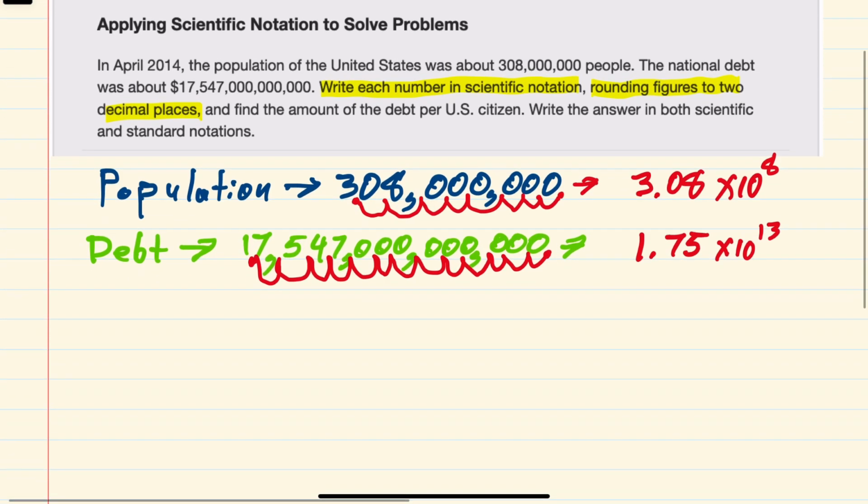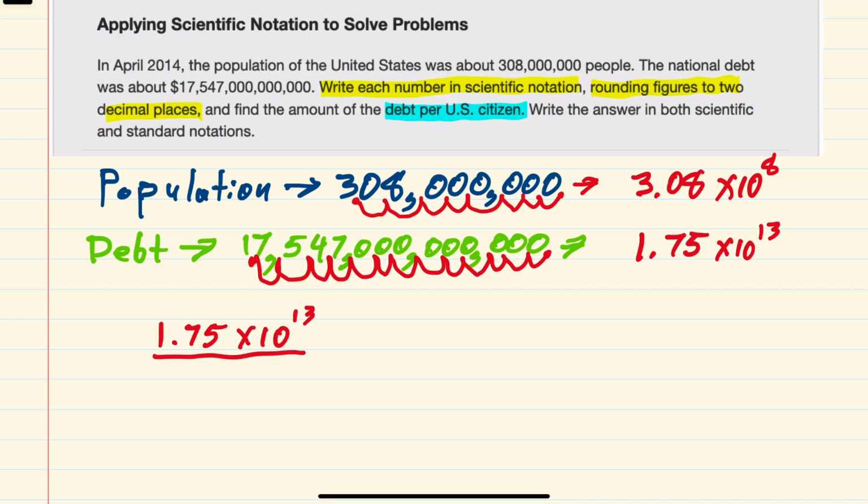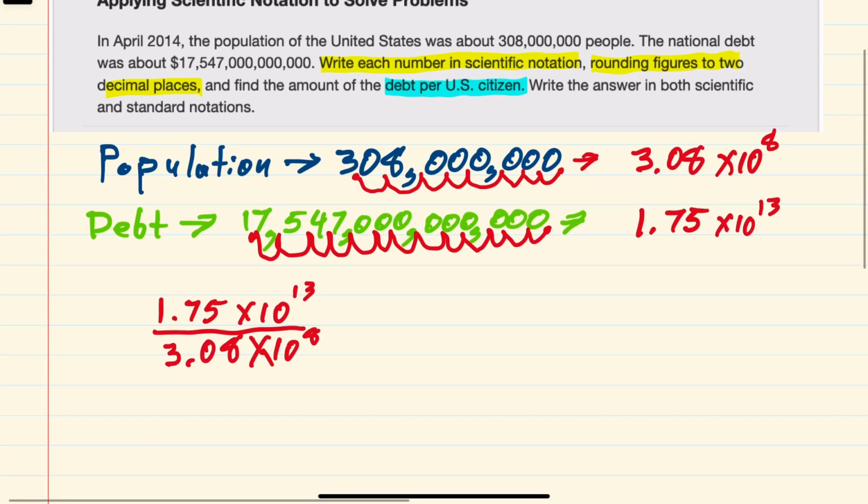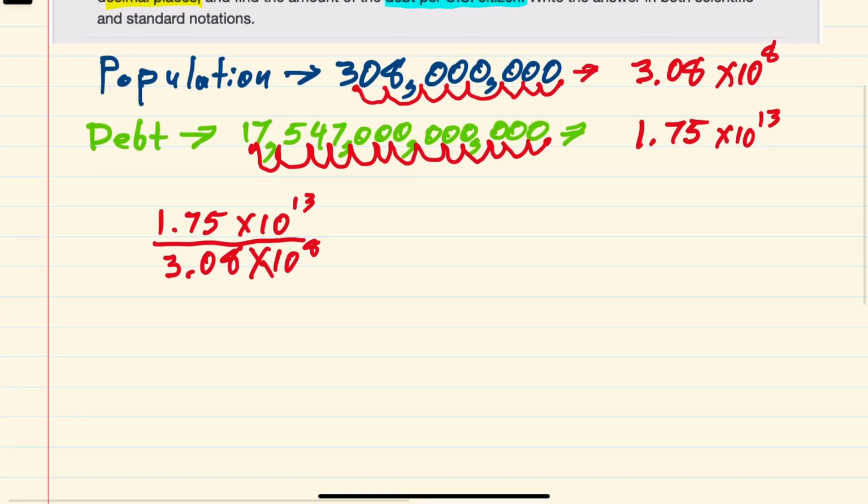And then we are asked to do a calculation here. We're asked to find the debt per U.S. citizen. So we would take the debt in scientific notation and divide by the population in scientific notation. And to do this calculation, I can start with just the numerical portions. 1.75 divided by 3.08.